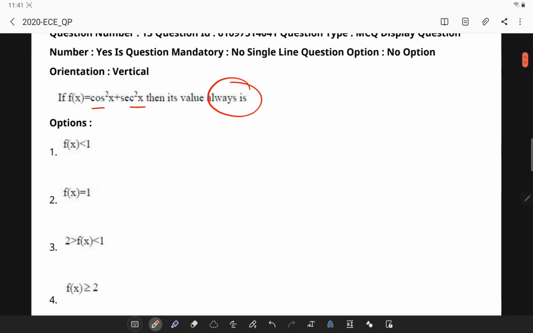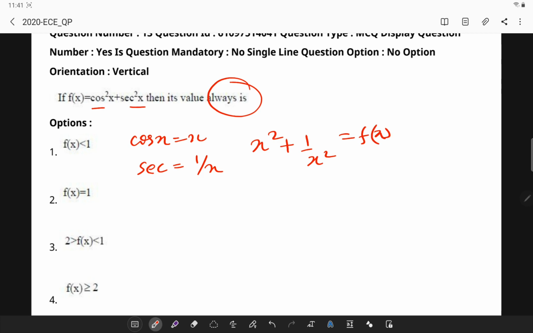So here I can simply take it as, if I take cos x as x, secant x is 1 by x, so I will have x square plus 1 by x square as a function. So we have the inequality AM is greater than or equal to GM, arithmetic mean and geometric mean.